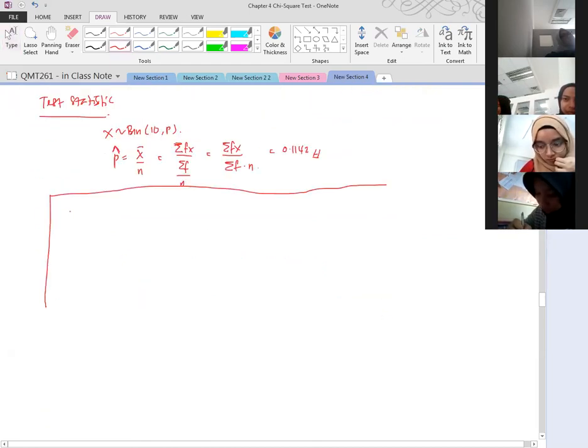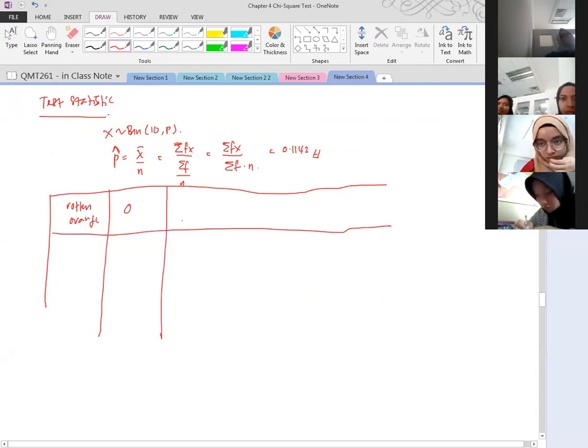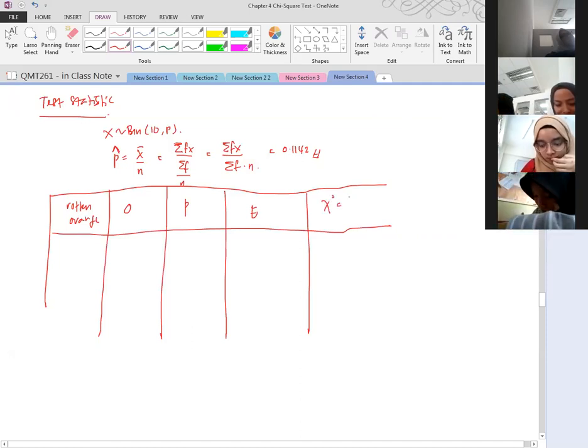So this is basically the number of rotten orange, and we have the observed value, and we need to find the probability value and expected frequency, and the last one is the chi-squared value, which is the sum of observed minus expected, squared, divided by expected. So this is 0, 1, 2, 3, 4, 5, 6, right?